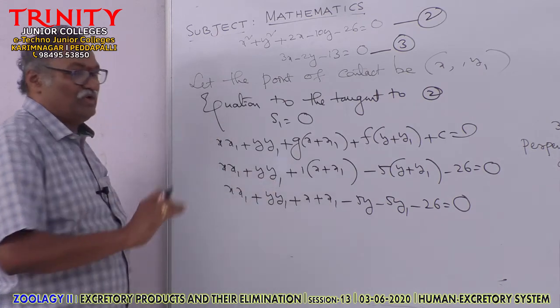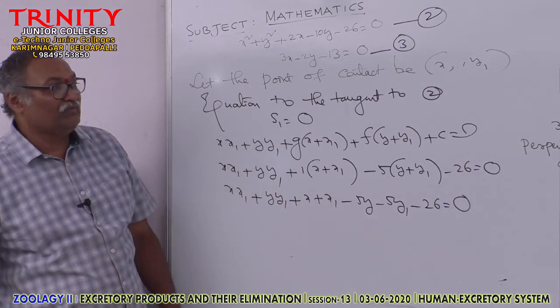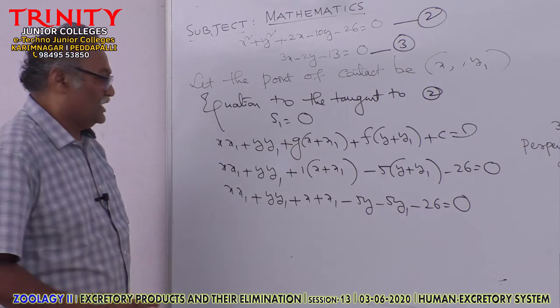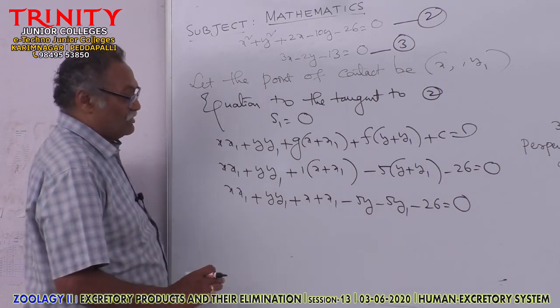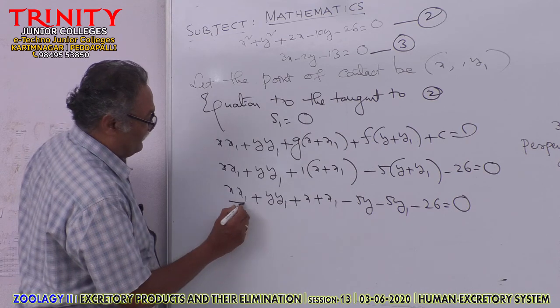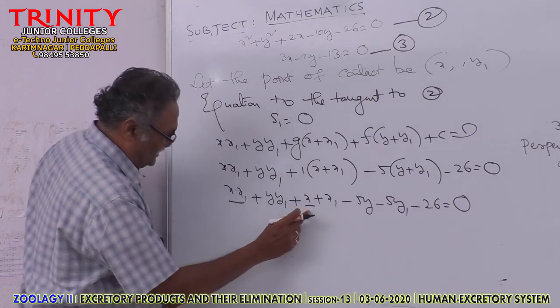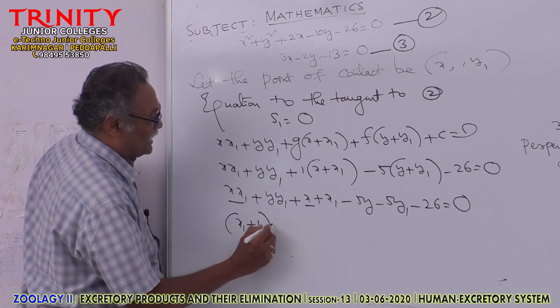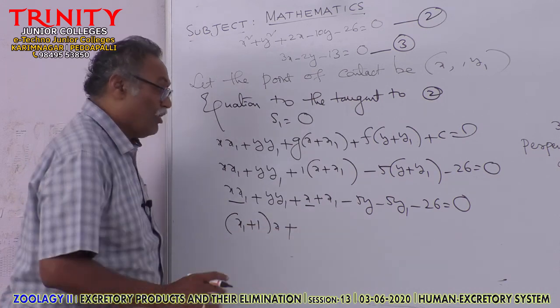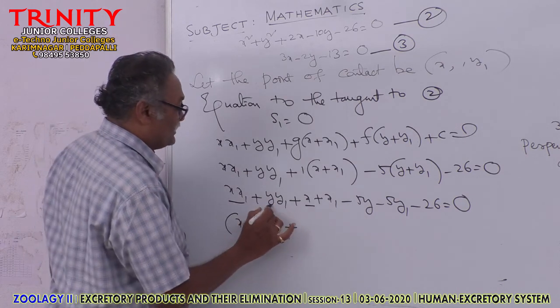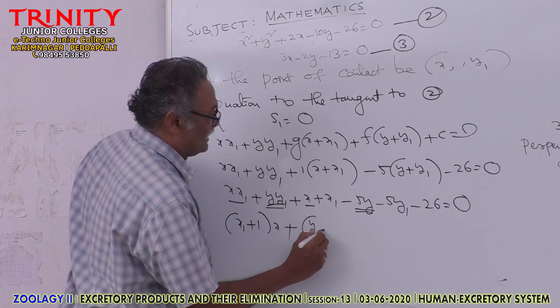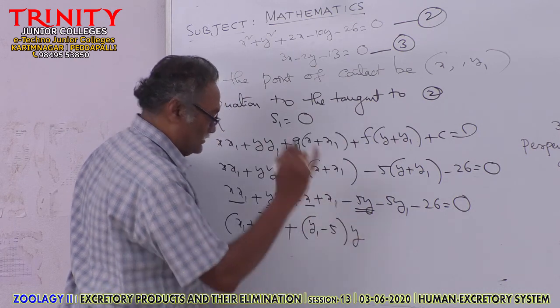Now writing this equation in the form of Lx plus my plus n is equal to 0. Here, the coefficient of x, take these two terms: x1 plus 1 into x. Next, the coefficient of y, in these two: y1 minus 5 into y.